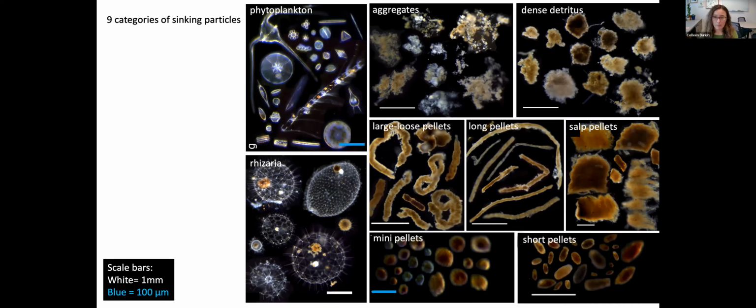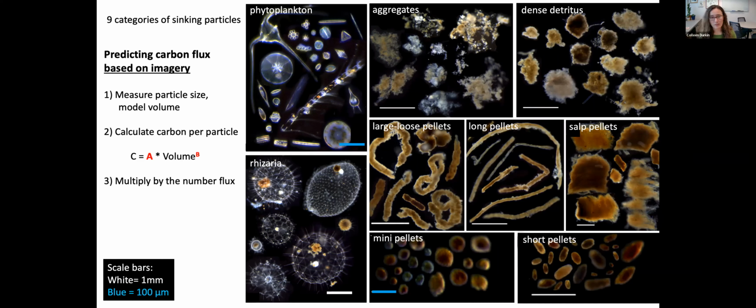So with all this biological information, we can make intelligent choices about how to model the carbon content and the carbon flux by these particles. And to do that, we've already measured the particle size using that image processing step. And then I use that to model the particle volume, which is based on the most likely shape of that type of particle, so it's specific to each category.